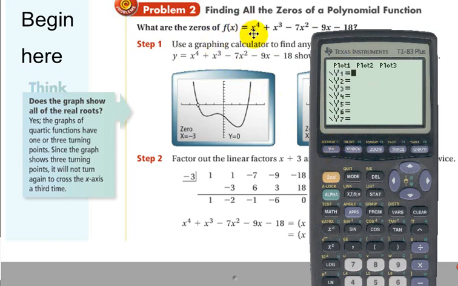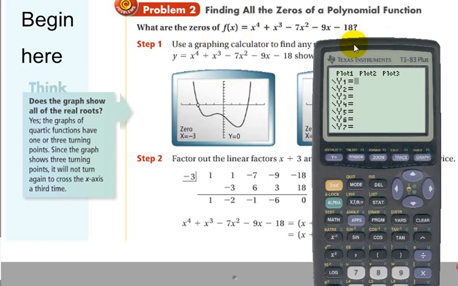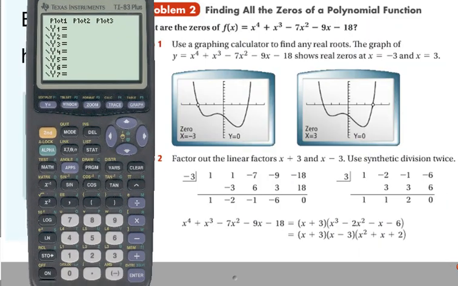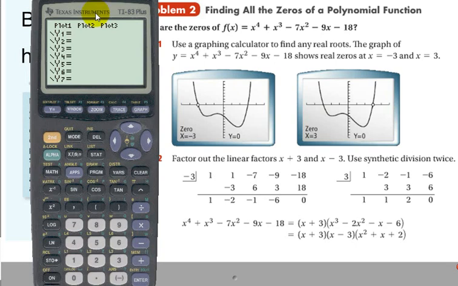Now type in this equation, x to the 4th, and remember for powers, you use the caret symbol, the one that looks like a rooftop. So I'm going to go x to the 4th, and the x is to the right of the alpha key.